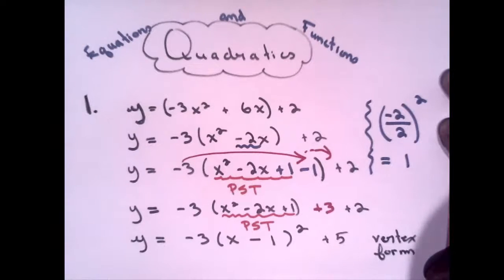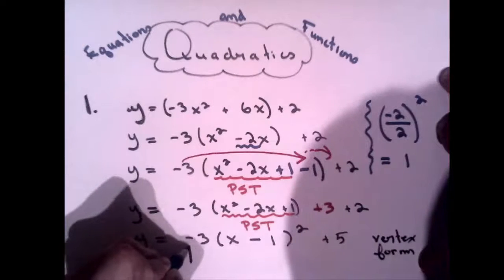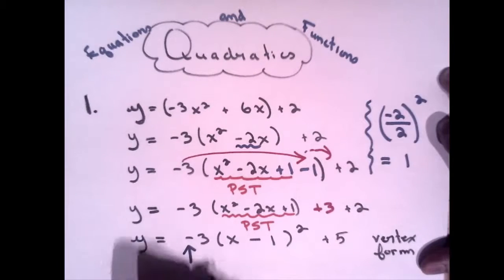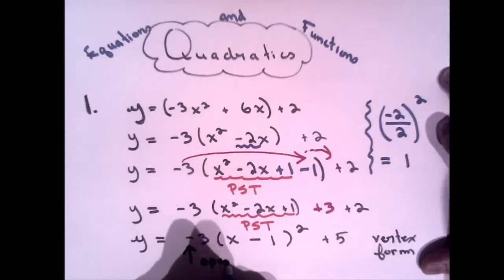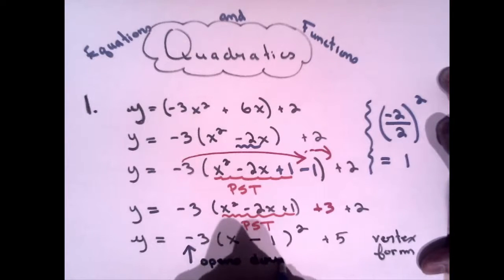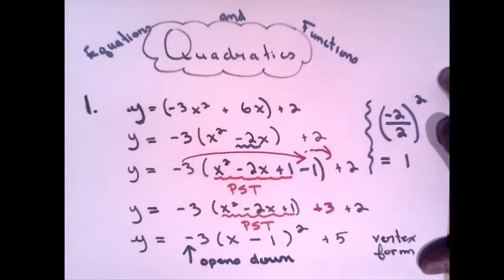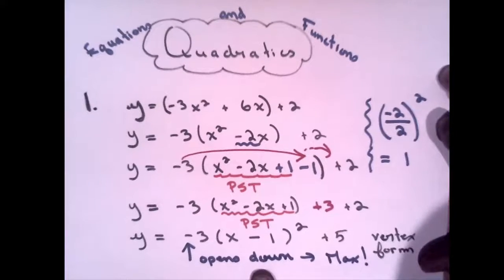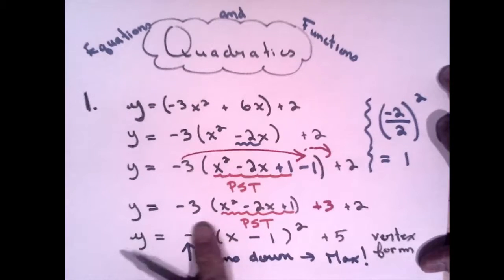All right. First off, this sign here is negative, so we know that it opens down. The quadratic would open down when graphed, and that means it's a max. Okay? The other thing we know is that's the a value, so this is stretched by 3, though that wasn't asked for in the question.